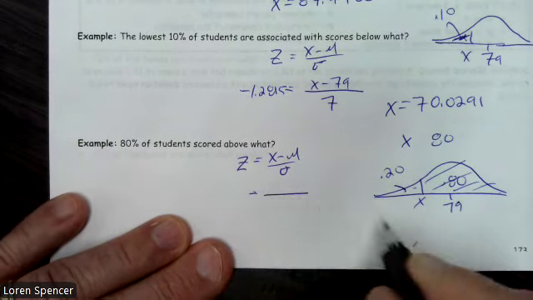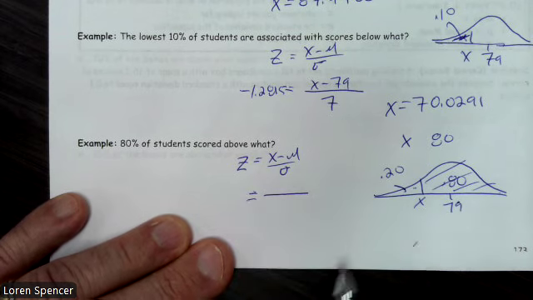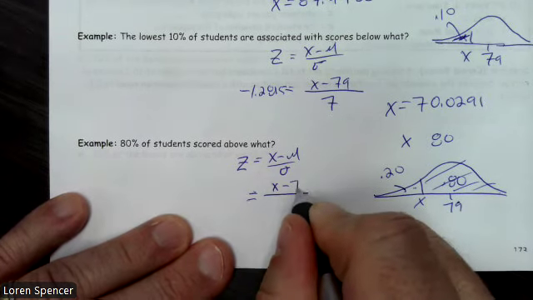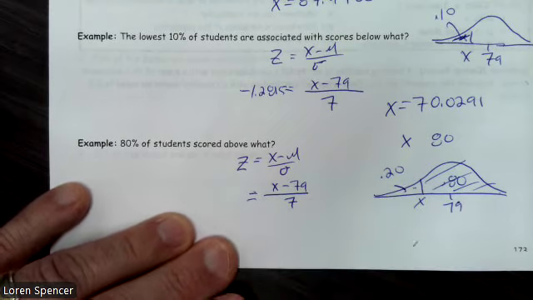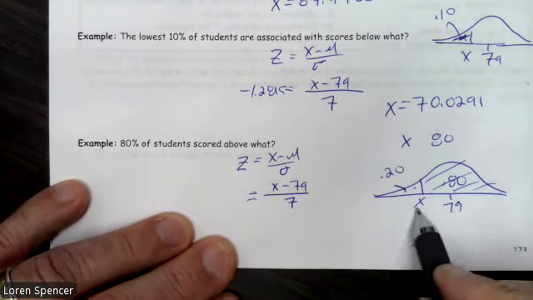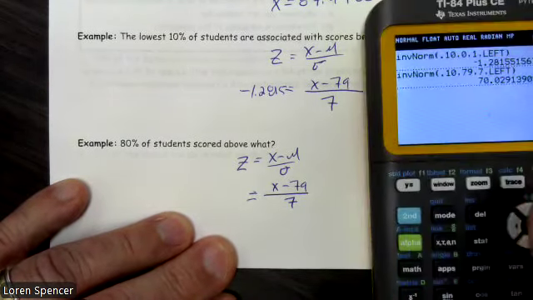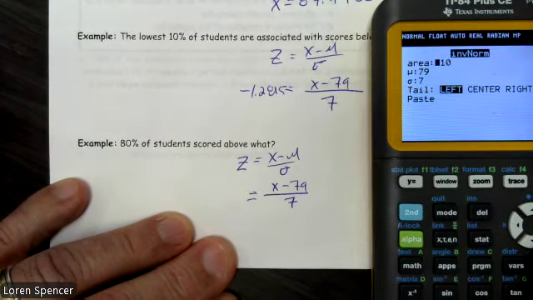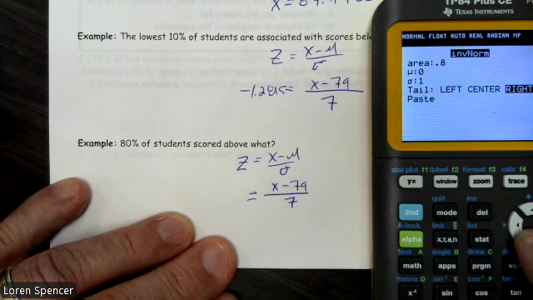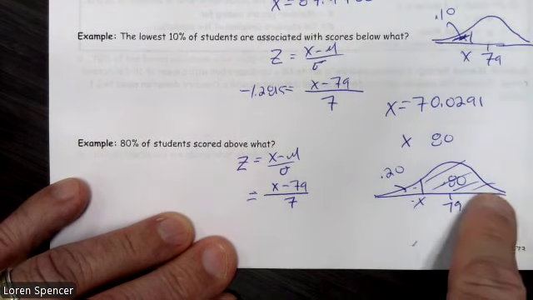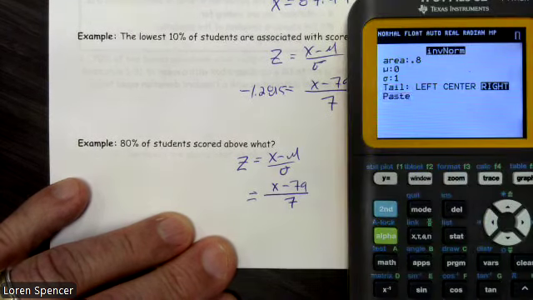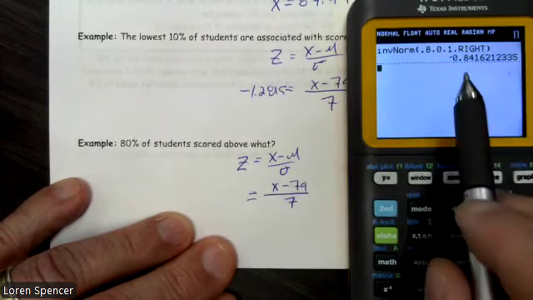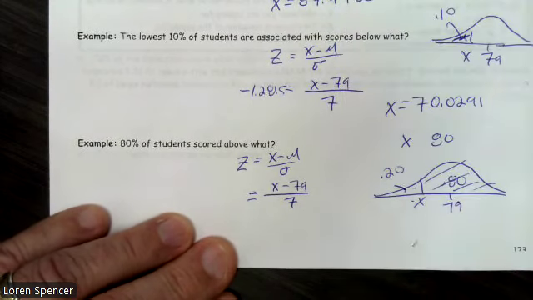And X minus 79 over 7. Now I'm over halfway. I'm on the negative side, so I better get a negative z-score. So second vars, inverse norm, 0.8, mean is 0, standard deviation of 1, coming from the right, because we came from the right, we came from the 80 percentile side. And I get a negative 0.8416.